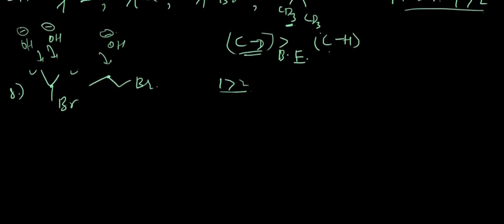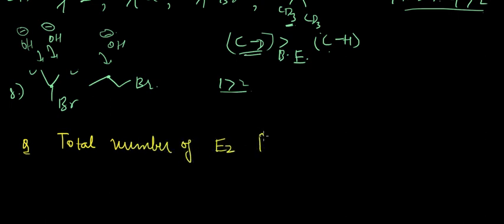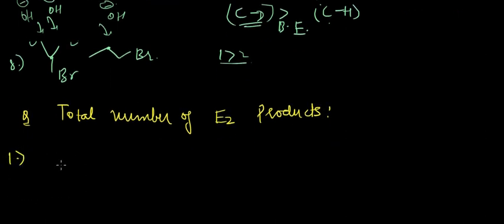Now we are looking at another question in which we have to tell the total number of E2 products formed in the reaction. Start off with the first example. We have something like this, CH2, CH3, and here we have.